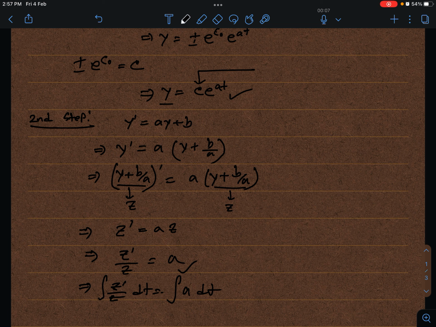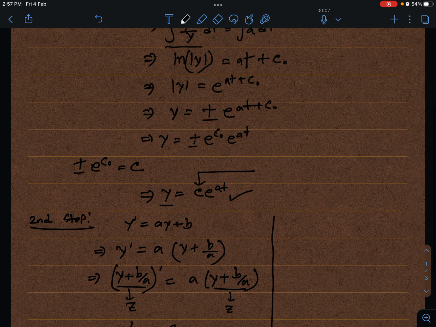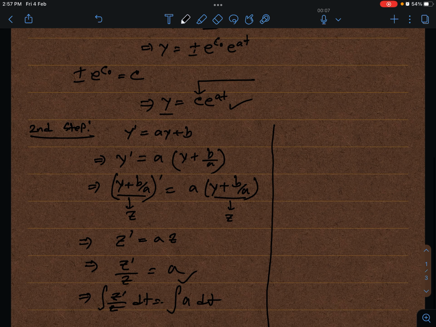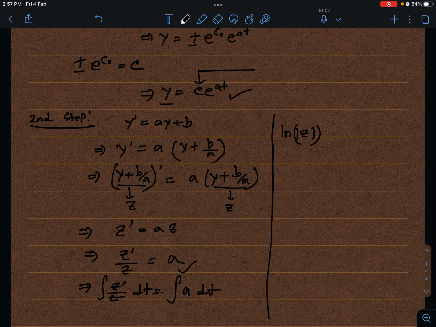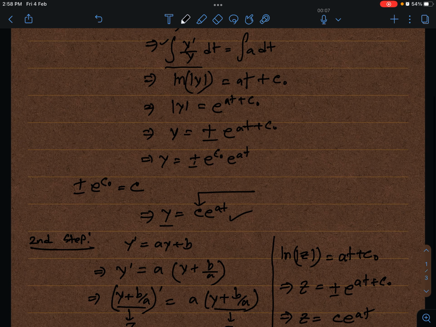So we have ln of z equals at plus c naught. Then we have z equals plus minus e to the power at plus c naught. Then similarly we can write it as z equals c e to the power at, similar to this approach.